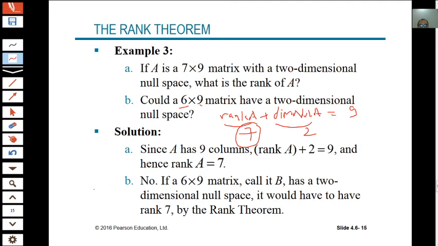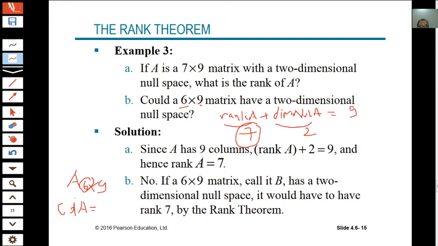When we look at the size of the matrix A, which is 6 by 9, the column space is the set spanned by the columns of the matrix A, and the number of rows is 6, which means that every vector in the column space has 6 entries.